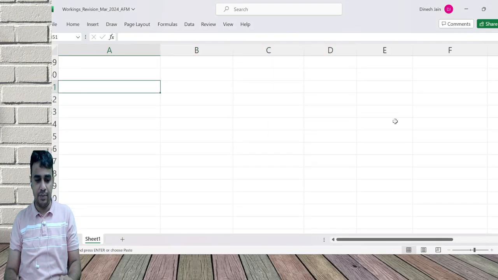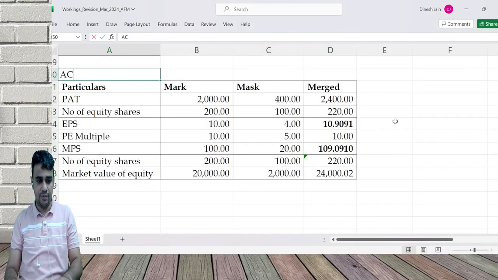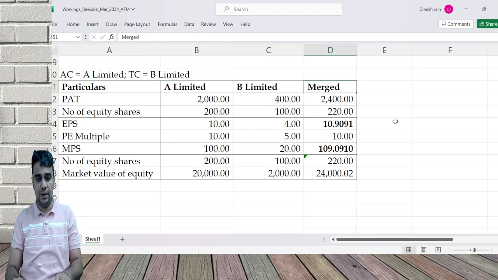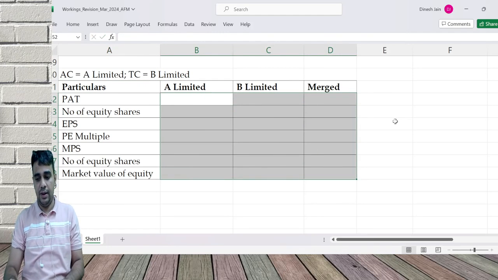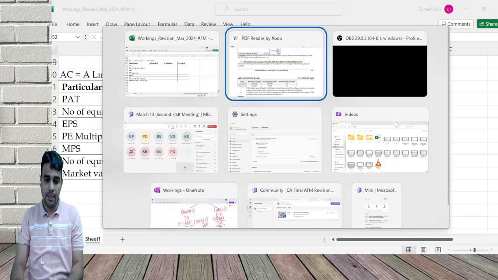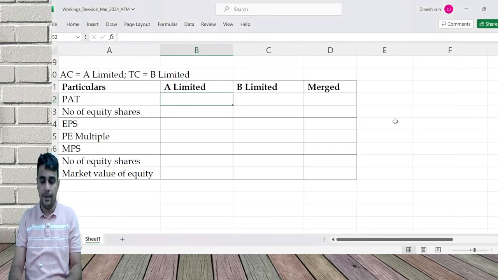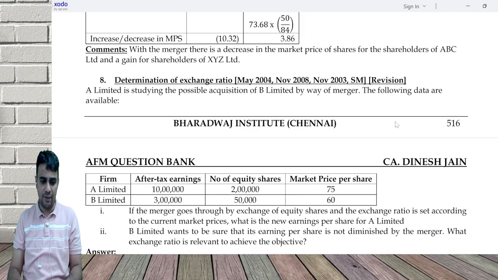Which is the acquiring company and target company? Acquiring company A Limited, target company B Limited: A, B and merged. Let's copy the data, whatever is available.